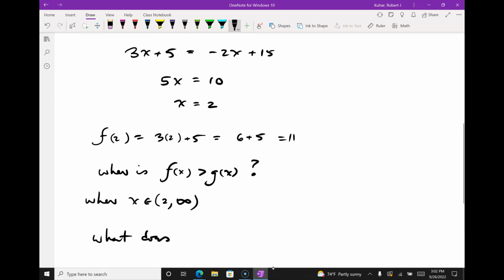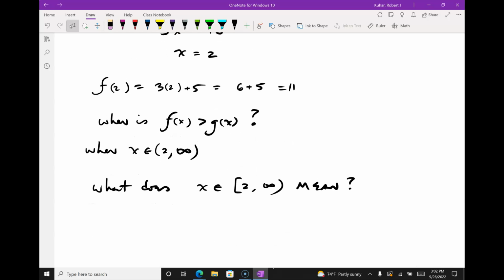what does x belongs to [2, infinity) mean? What's going to change here when I change that open endpoint to a closed endpoint? When it's open, it can't be included. When it's closed, it can be included. So what changes in my green circle?